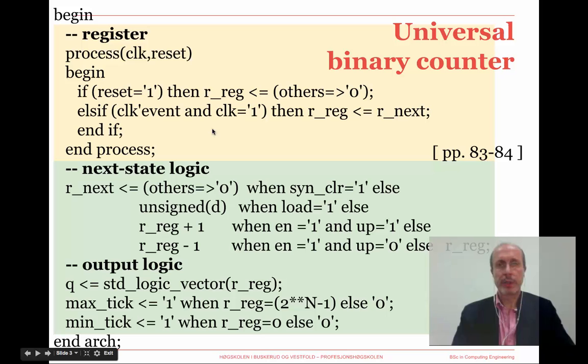The first one is the difference between the asynchronous reset and the synchronous clear signals. The asynchronous reset is just the usual construct that we have already used several times before. So if reset is high, then the register outputs are immediately set to 0.